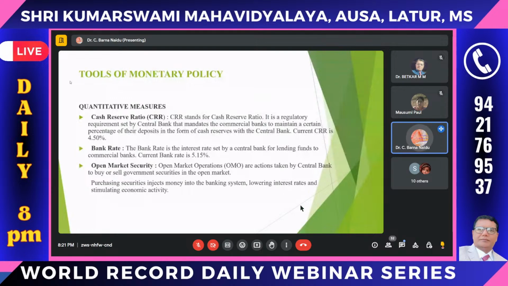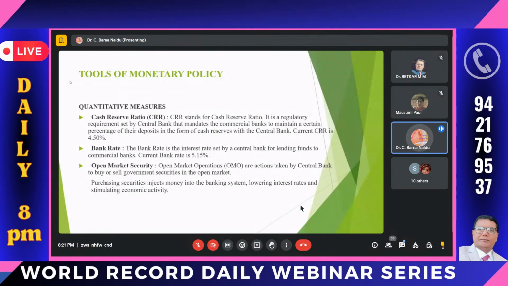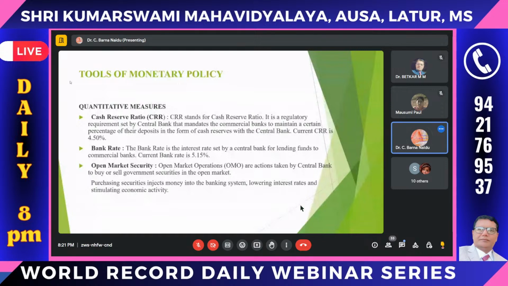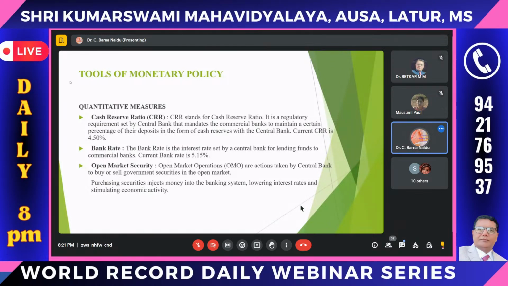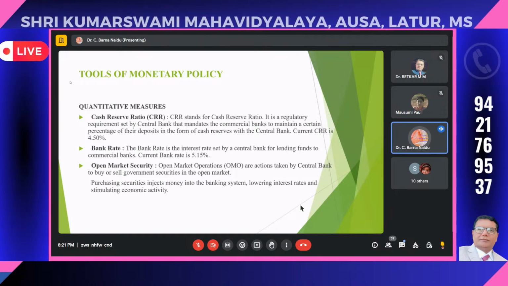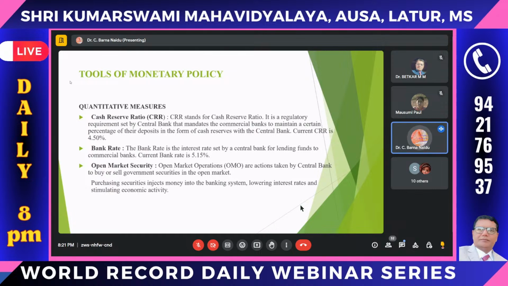When the central bank is selling the security, it means that it is increasing the interest rate. So selling the securities always withdraws the money from the market, because money is now invested in those securities, which is ultimately getting deposited to the government. So selling securities always helps to curb inflation very quickly, and it helps to control the economic growth also.